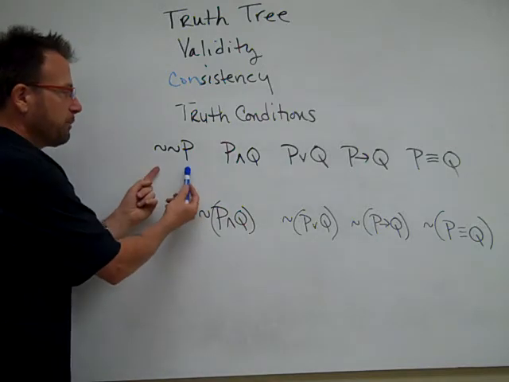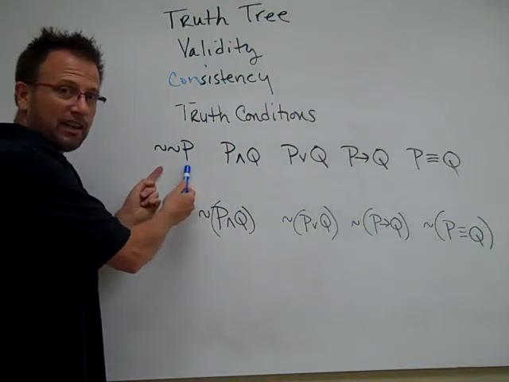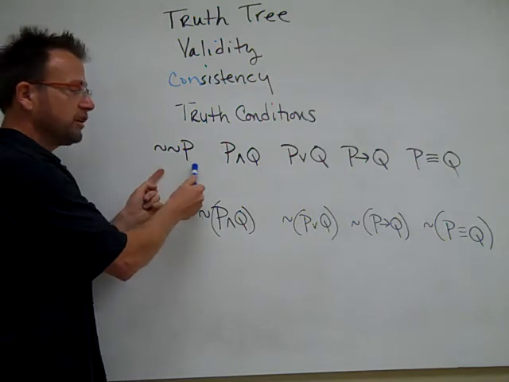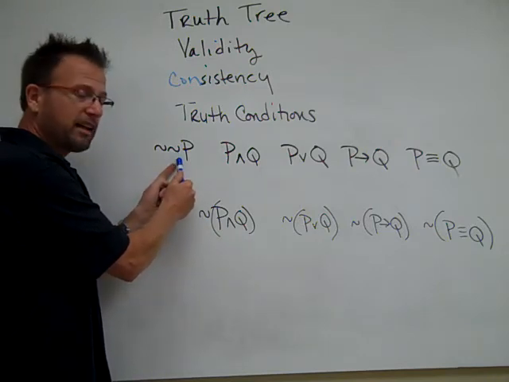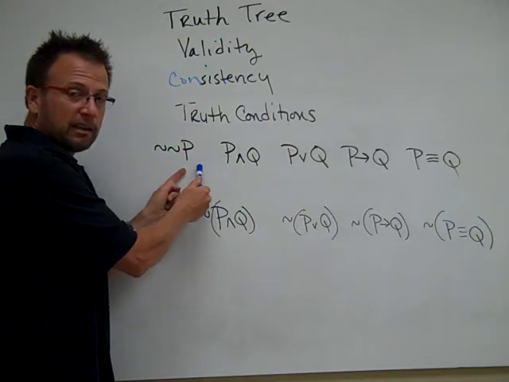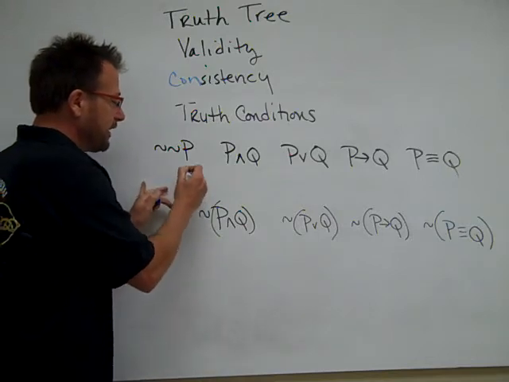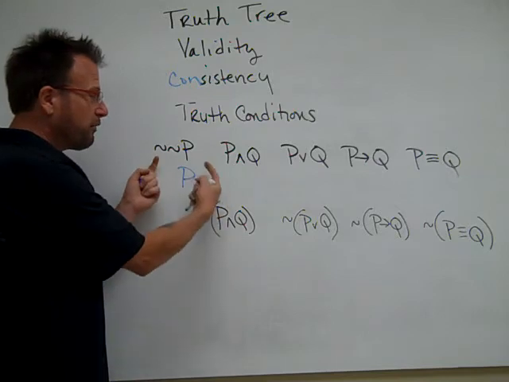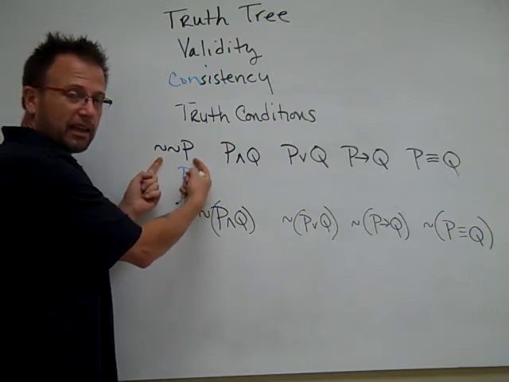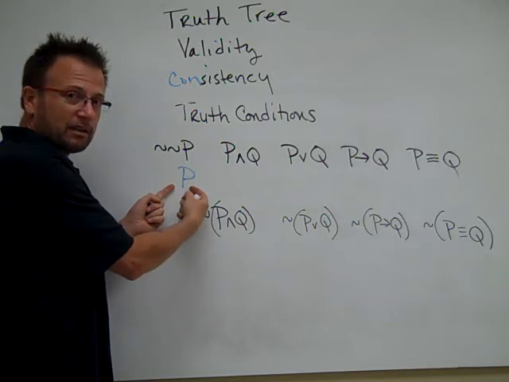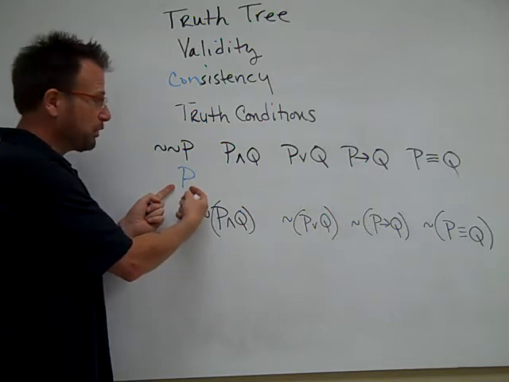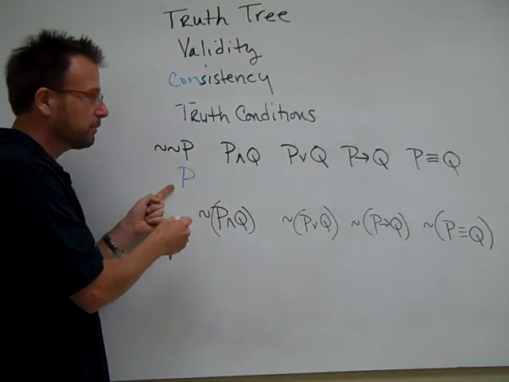For example, suppose one of my premises is tilde tilde P. I know that it is not the case that P is the exact same thing as saying P. So whenever I see a statement that is double negated, I'm automatically going to write beneath that statement the simple statement without the double negation.